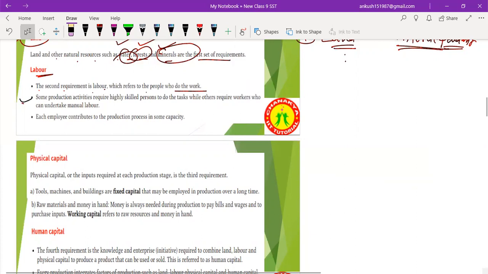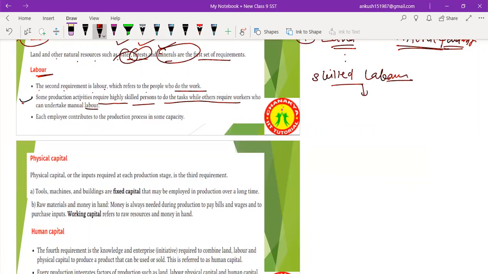So labors are needful while involving them in the production process. Some production activities require highly skilled persons to do the task, while others require workers who can undertake manual labor. Skilled labors are required. Why?